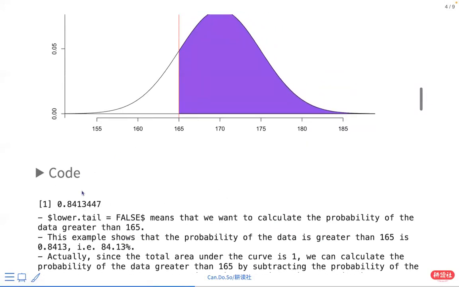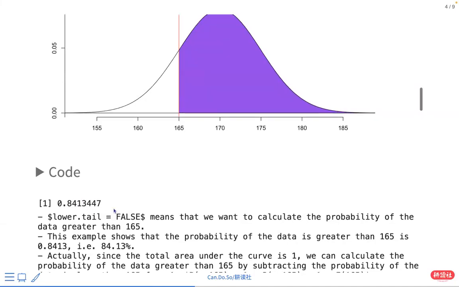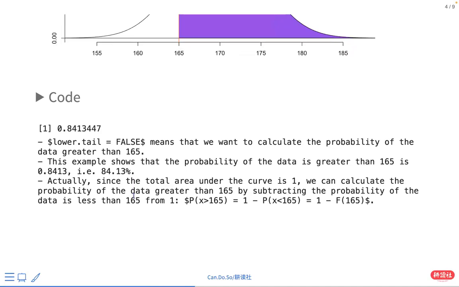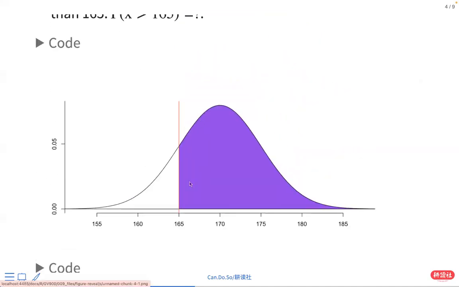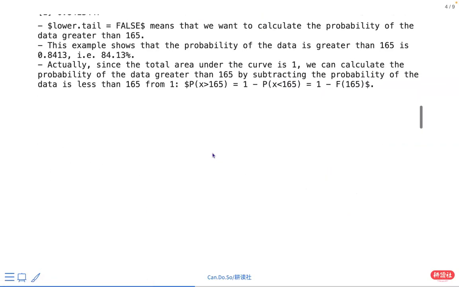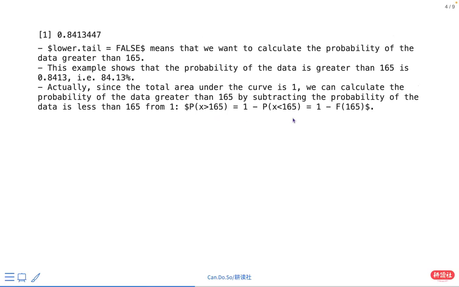In this case it is 84.13%. Actually, since the total area under the curve is 1, if we already know this part, we can use 1 minus this part to get this one. In this case, it is this.